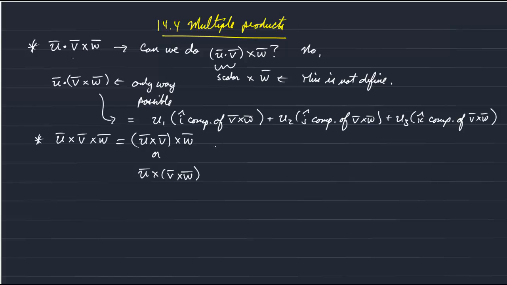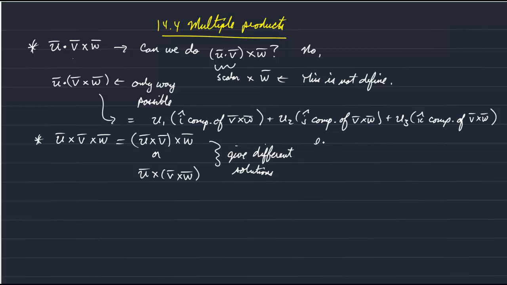So there's two interpretations. So you would have to specify with parentheses which operation to carry out first. And they also give different answers. In general, they give different solutions.